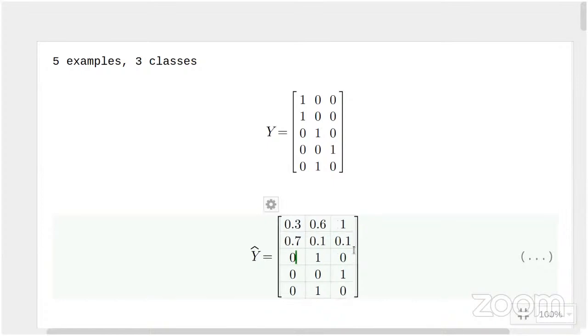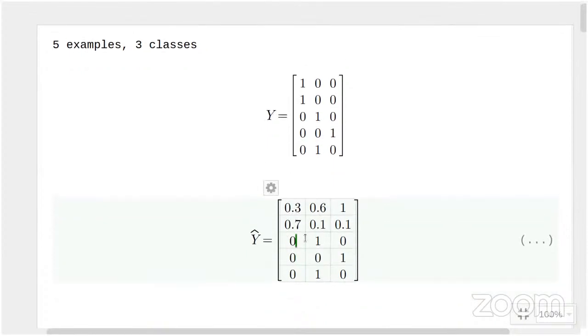This is what we get from the softmax function at the output layer. And let's say here it is 0.3, 0.4, 0.3.